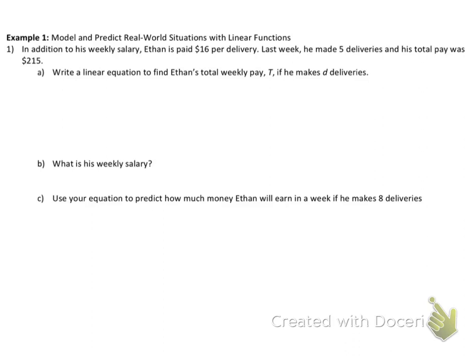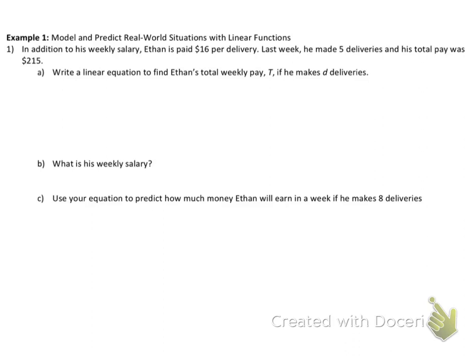So in this first example, we see in addition to his weekly salary, Ethan is paid $16 per delivery. Last week he made 5 deliveries and his total pay was $215. So to interpret this situation, he gets a weekly salary, and then on top of that, he gets $16 per delivery.